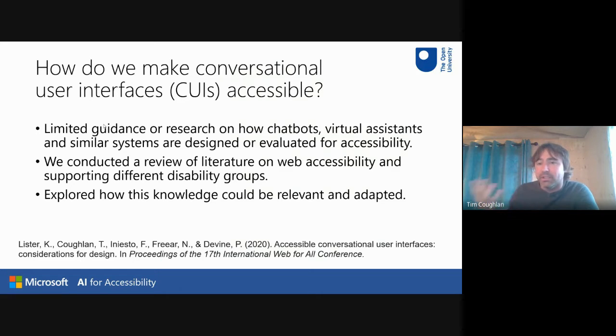So we started reviewing this, and if you look at web accessibility, there's loads of guidance and standards to address how you build a website or how you test a website to be accessible to the widest possible audience. But that stuff isn't necessarily appropriate to chatbots. They're quite different to a website or a mobile app.